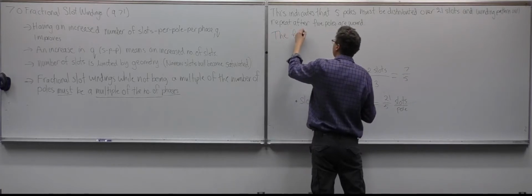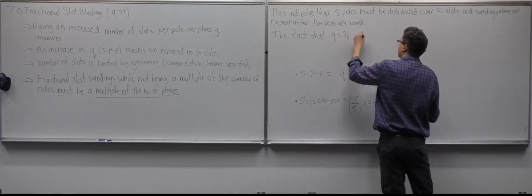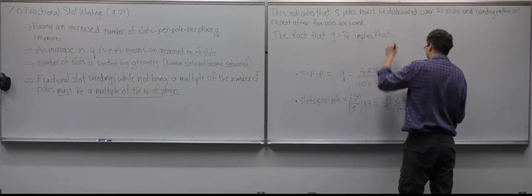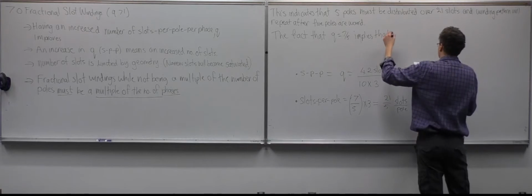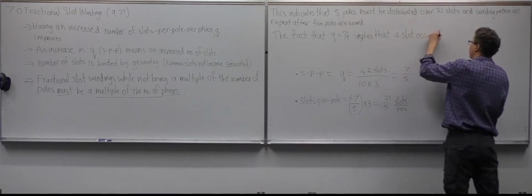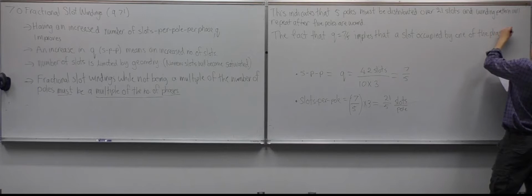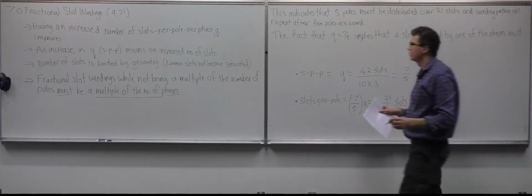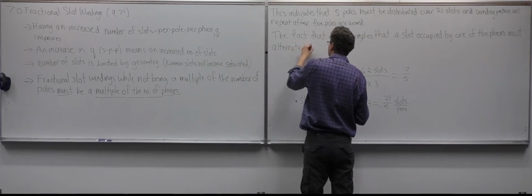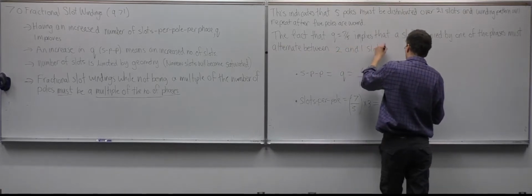So the fact that Q equals 7 over 5 implies that a slot occupied by one of the phases must alternate between 2 and 1 slot per pole.